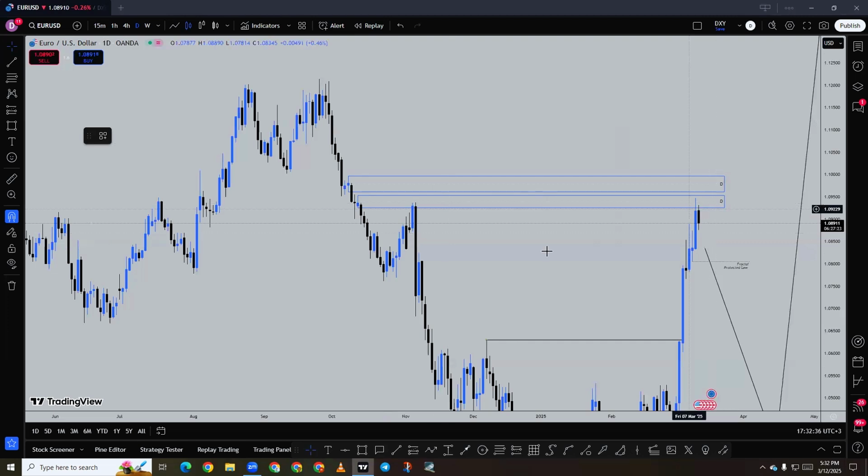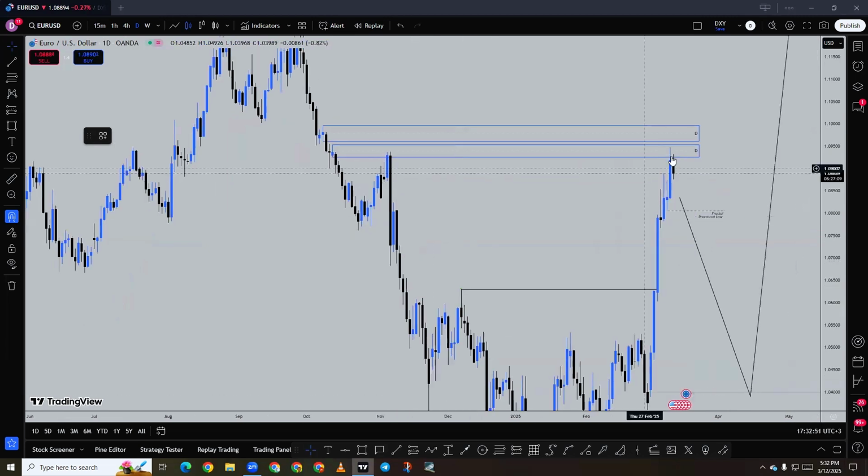If you just look at it from a logical point of view, you can see this is where price actually gained that momentum to the downside. So naturally, that would also mean that we may get such a reaction from that.